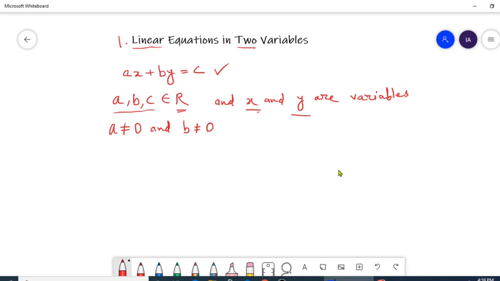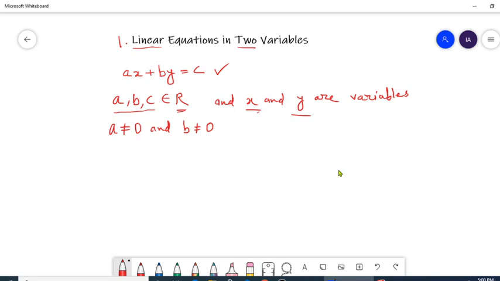It means a and b can be greater than 0 or less than 0, both possibilities are there, but they should not be equal to 0. So you need to remember that a should not be 0 and b should not be 0. Why?